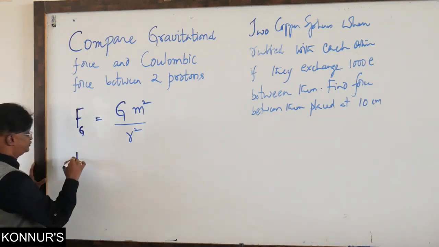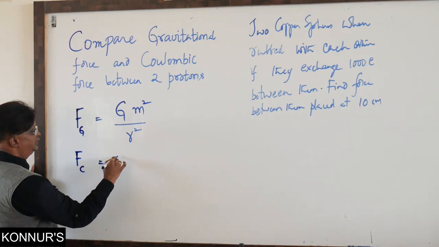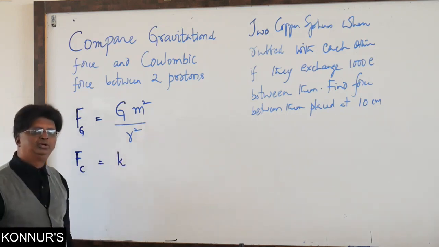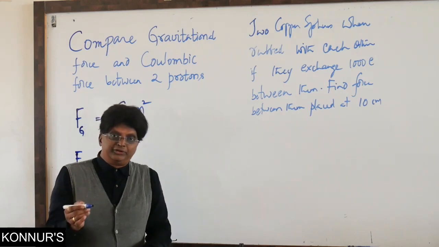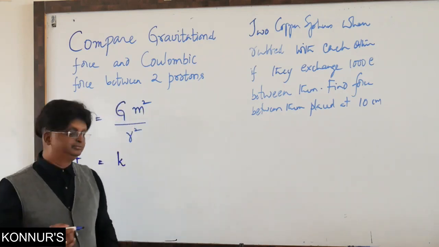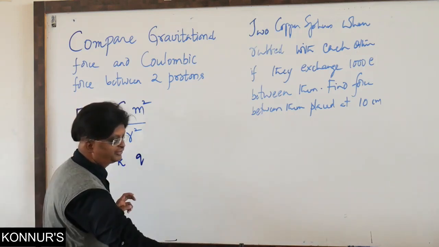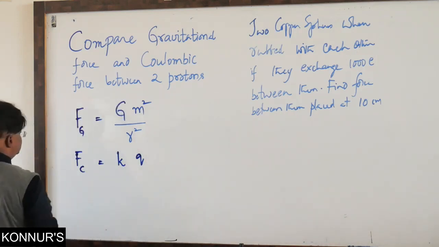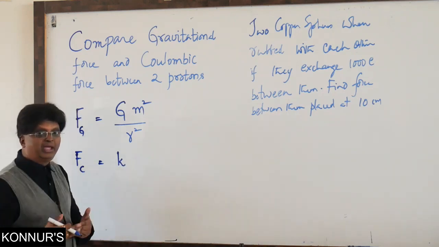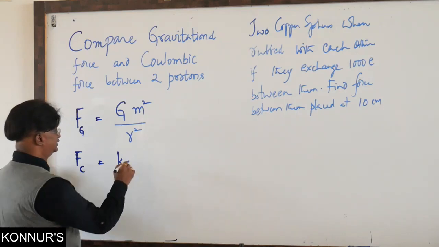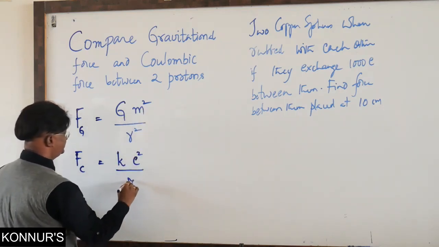Now what is the Coulombic force? I am writing it as Fc for Coulombic, with the small k we have told, remember 1 by 4 pi epsilon naught. The magnitude is 9 into 10 raised to 9. Then it is Q1 Q2. What is the charge of the proton? Same as that of the electron. So it is e into e, e squared by r squared, where r is the distance between them.